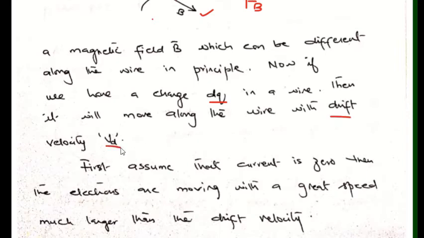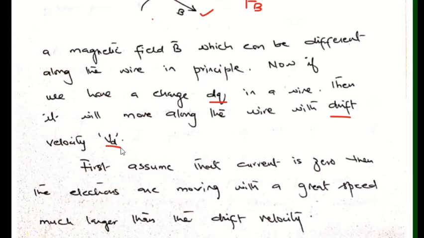When there is no potential, or the current is absent, all the charges are moving randomly in the conductor with very high speed, as we have already discussed in the previous article, that is 10 raised to the power 6 meters per second. And the force acting on them will be equal to 0.